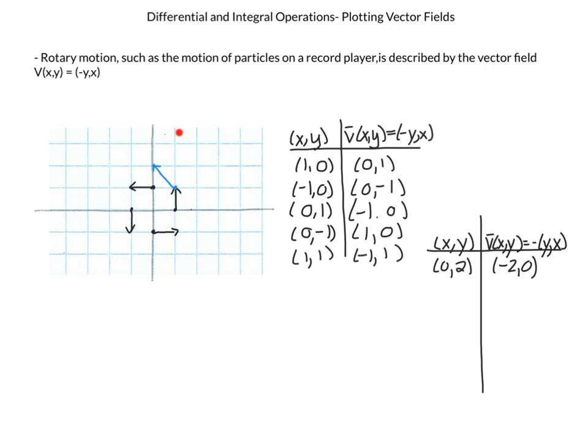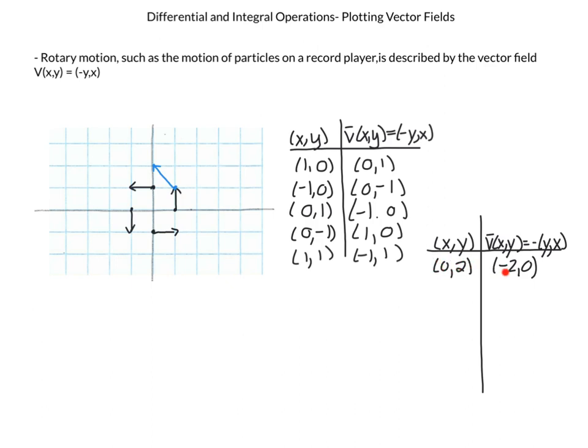So now I have little pieces of vector fields, but I don't have any curves that connect except for these two here. So I'm going to start choosing my points so that each consecutive point is at the end of my last vector, and that way I can get a continuous curve. So for this one, since this is the start of a curve, the next point I'm going to choose to plug into my vector field is the point x equals 0, y equals 2.